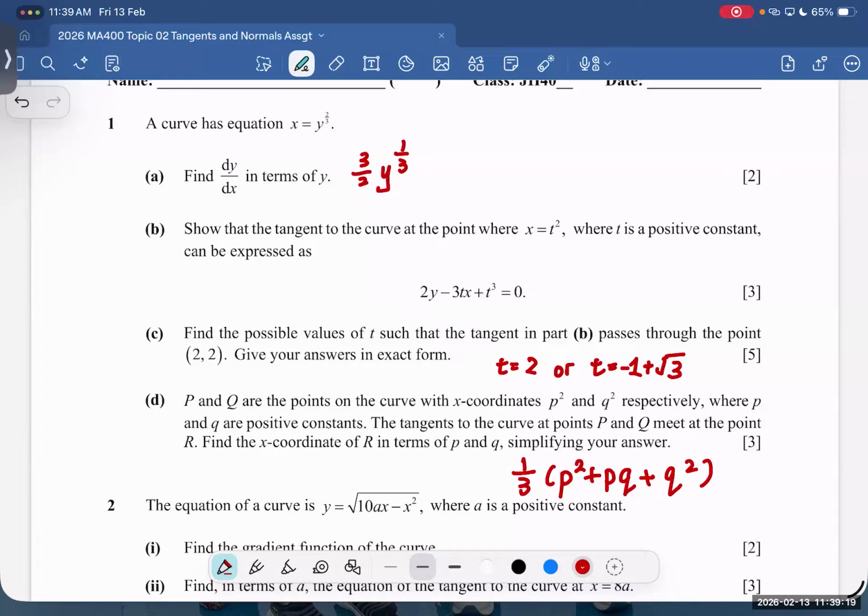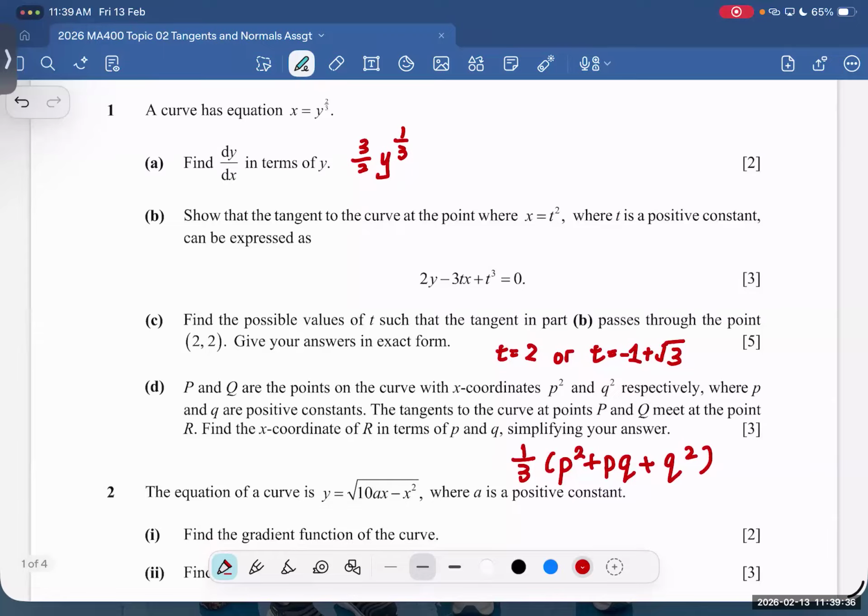B, there's no answer. It's a show question. 1C. So I go to C and D. C and D. Which one?